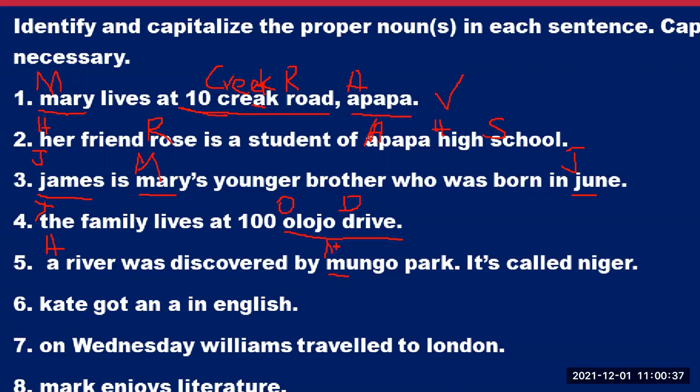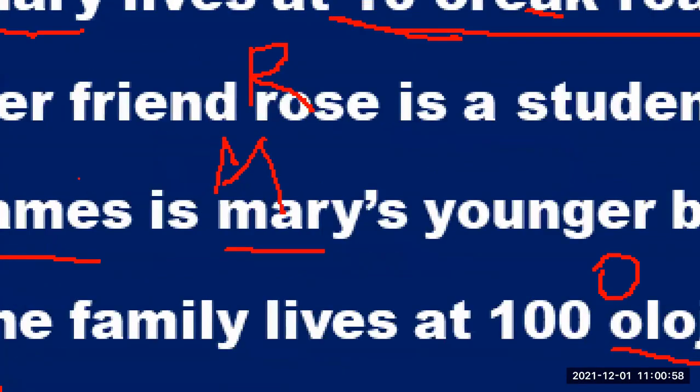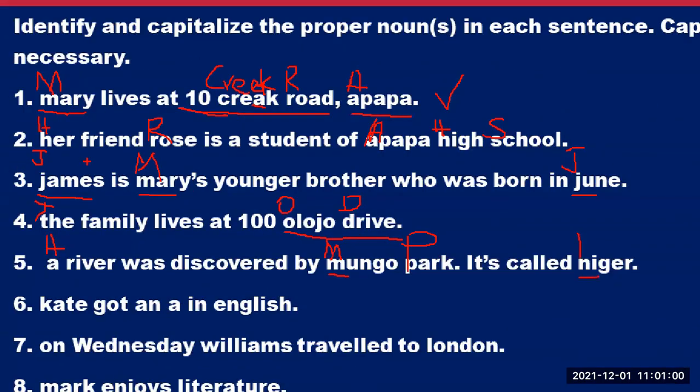It is the name of a particular person. So Mungo has to start with capital letter M and Park with the capital letter P. Now, Niger is the name of a particular river, so it is actually a proper noun. So we have to capitalize it.